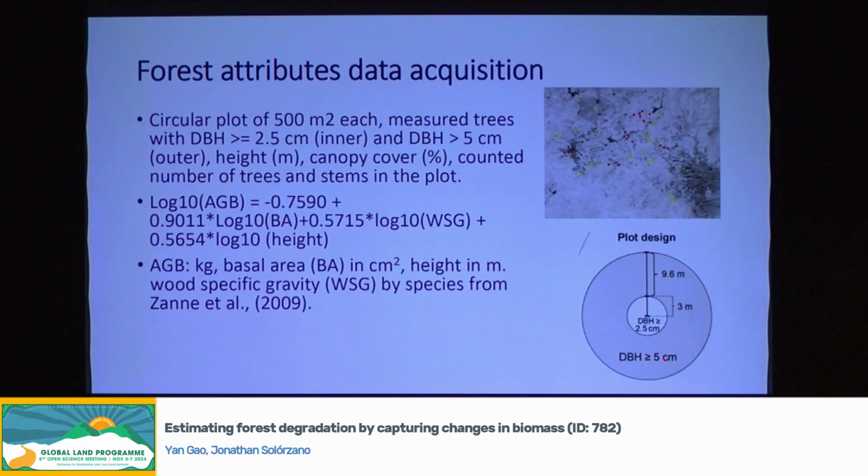In the inner circle, with a radius of 3 meters, we measured all trees with a DBH more than 2.5 centimeters. For the outer circle, we only focused on trees more than 5 centimeters. The forest attributes we measured include the DBH, height and canopy cover. We also counted the number of trees and stems in the plot. And then we applied an allometric equation to obtain the biomass data.